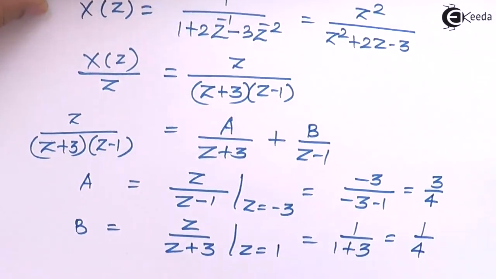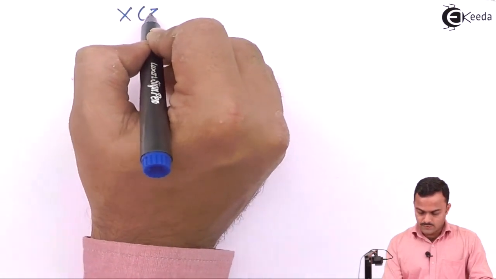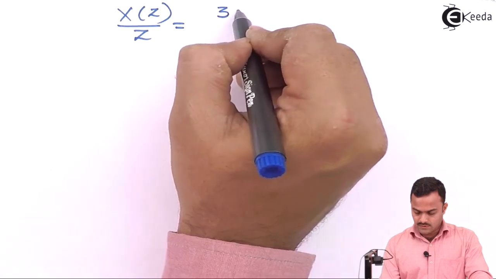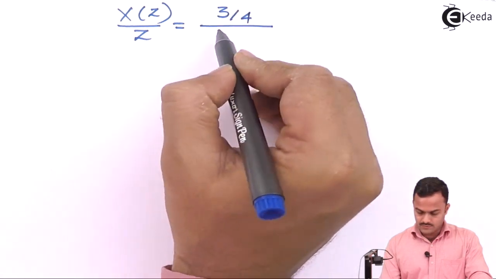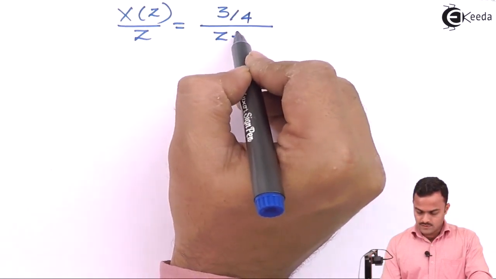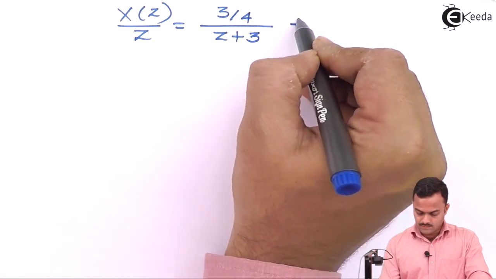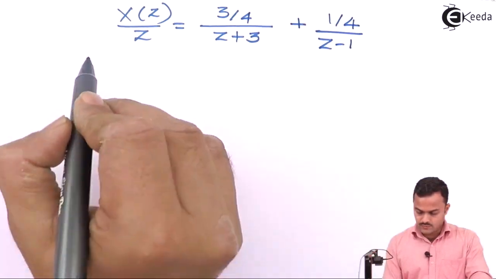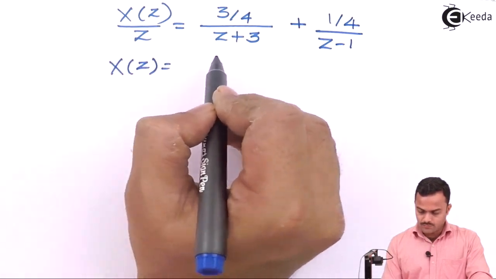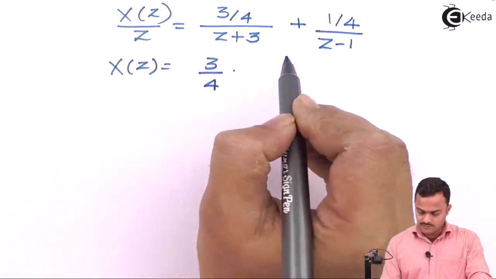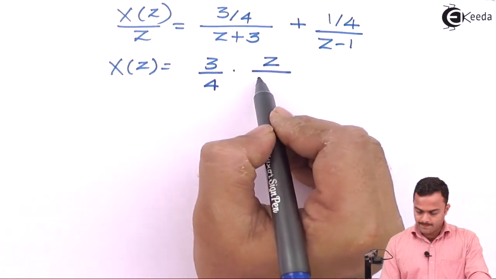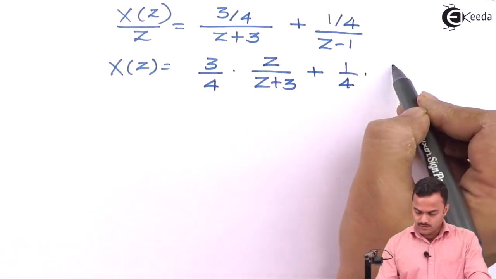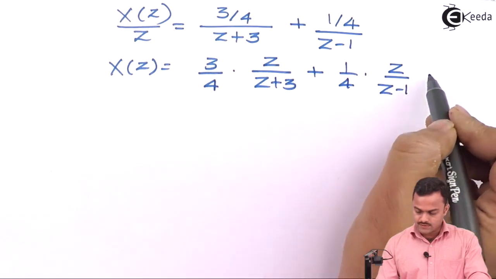So in the end I can say x of z by z is 3 by 4 upon z plus 3 plus 1 by 4 upon z minus 1. So x of z is 3 by 4 into z upon z plus 3 plus 1 by 4 into z upon z minus 1.